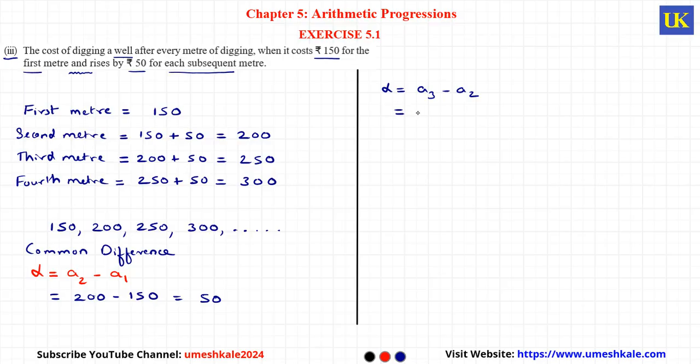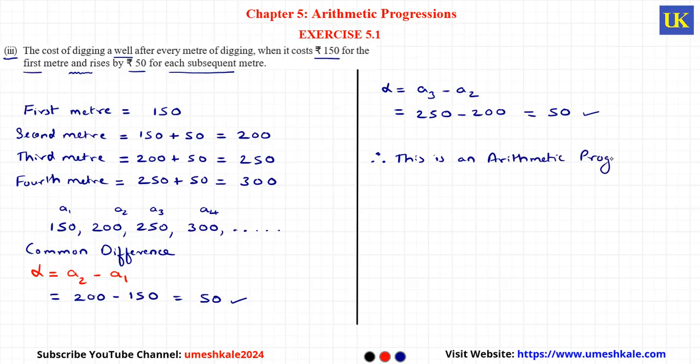This is A1, A2, A3, A4. A3 is 250 and A2 is 200. So again the difference is 50. So here also it is 50, here also it is 50. As the D is the same, it is constant, it is common, we can say that therefore this is an arithmetic progression.